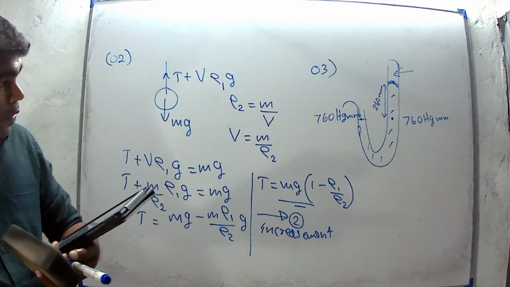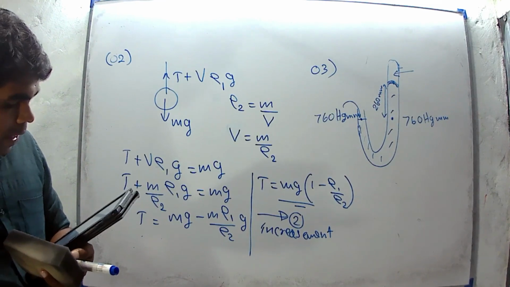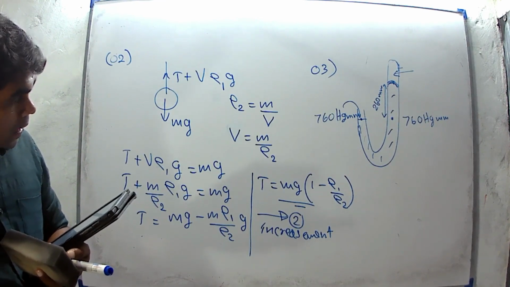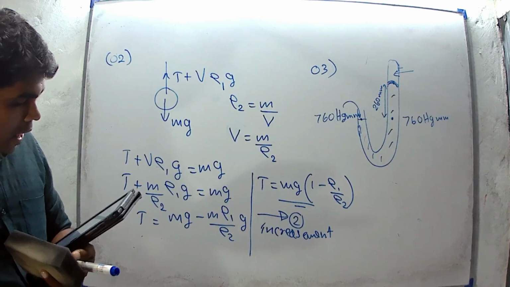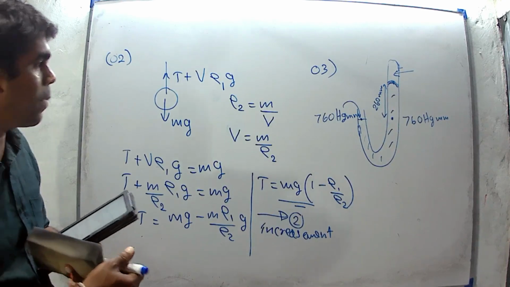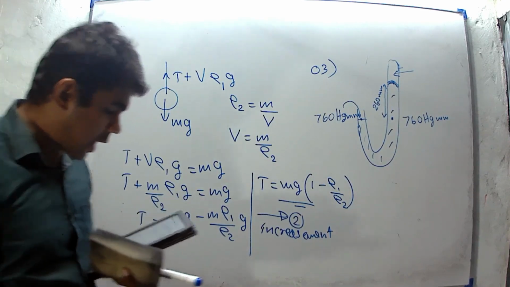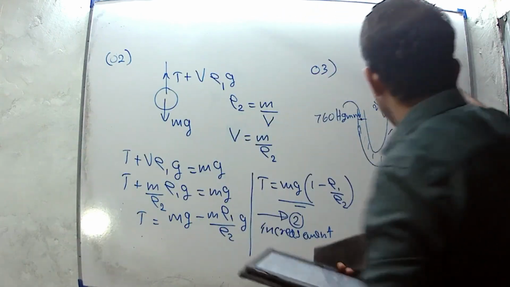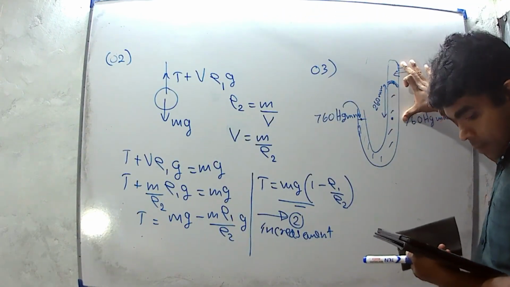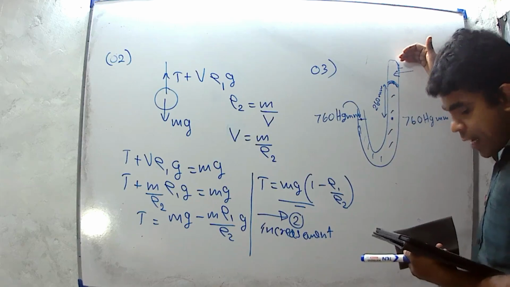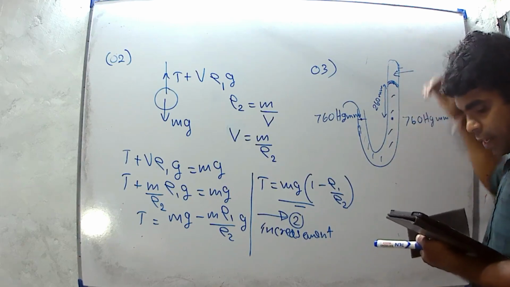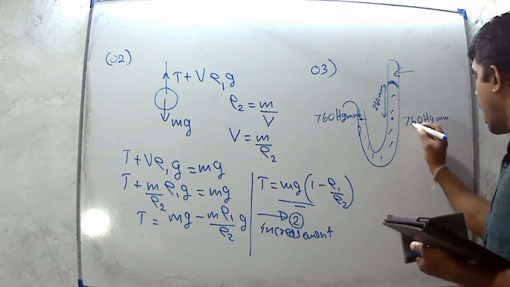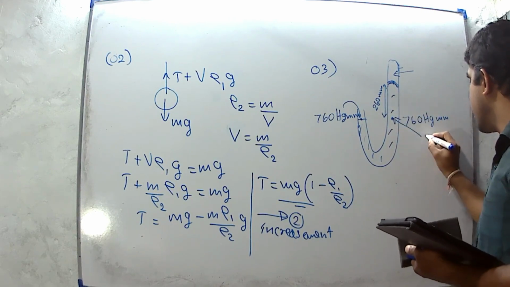Therefore, we can get the point should be C. 500 mercury millimeters pressure could be obtained at point C because of when considering this height difference, 920 and 160 height difference. This height is given as 160.